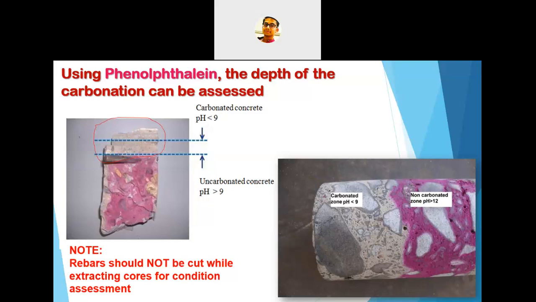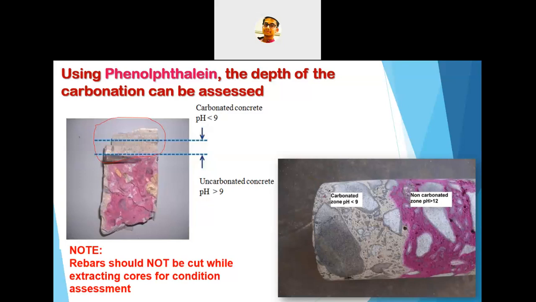So from this also, I want to give you one piece of information. When you are going to collect any sample or any core from the structure, the rebars should not be cut while extracting cores for condition assessment.